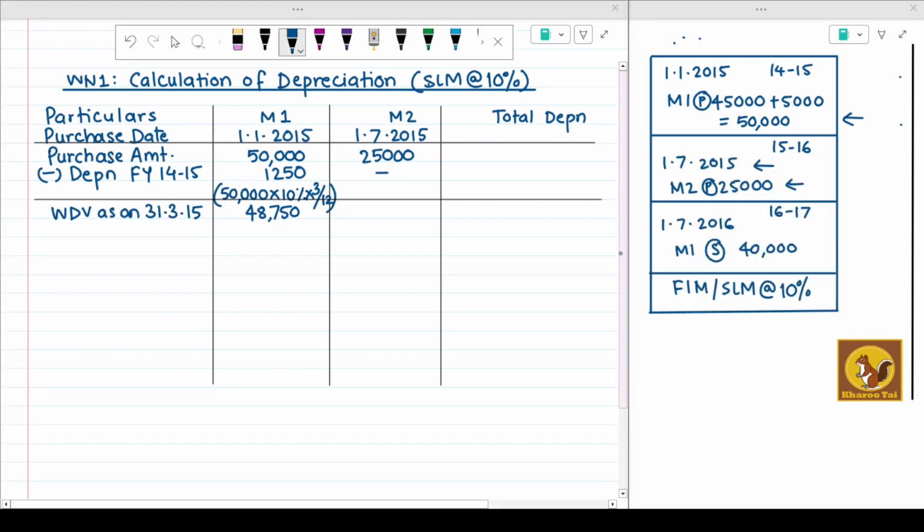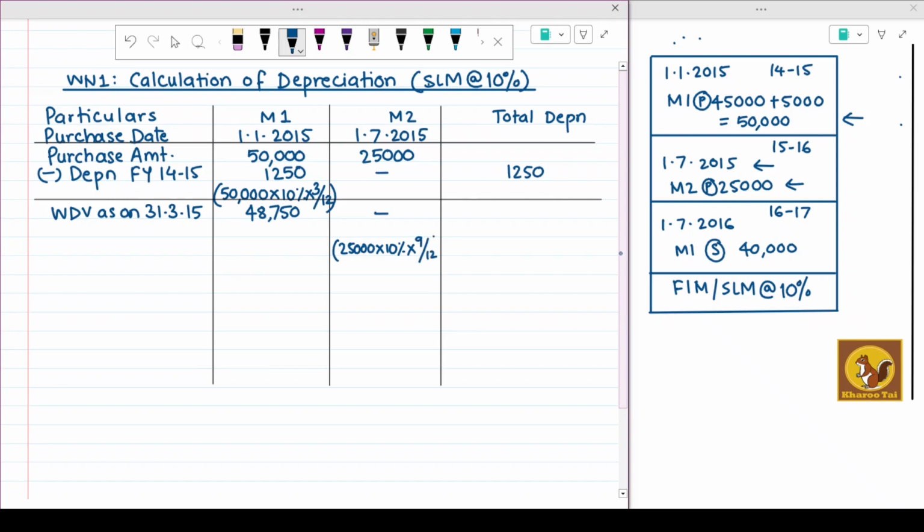48,750. So that will be the WDV at the end of first year. So with this, first year depreciation working is done. Total depreciation will be 1250. In second year, second machinery was purchased in between the year. So there will be working 25,000 into 10%, and it was purchased in July. So from July to March, that is for 9 months the machinery was with business.